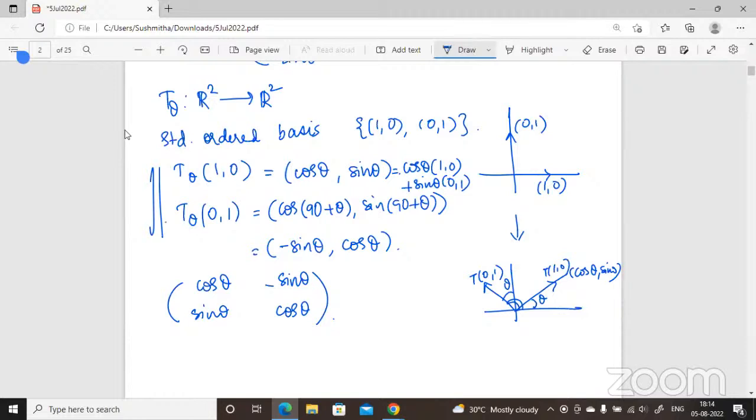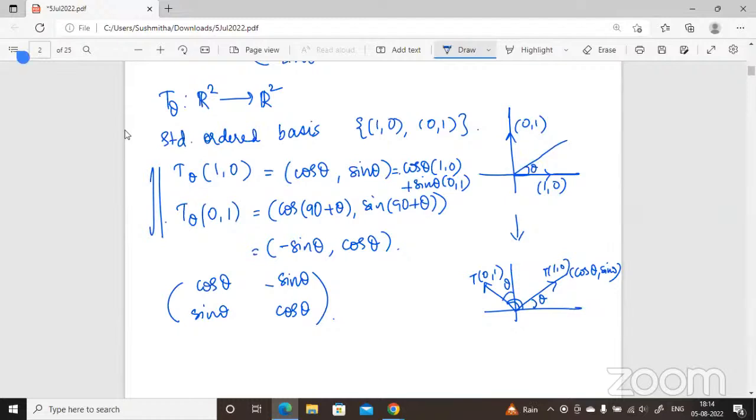Can you please explain these two lines once again? T theta of 1, 0 and T theta of 0, 1. So what does T theta do? It rotates the vector by an angle theta, right? So the vector 1, 0 gets rotated to some vector which is at an angle theta from the original vector.